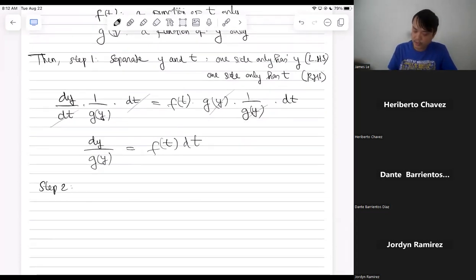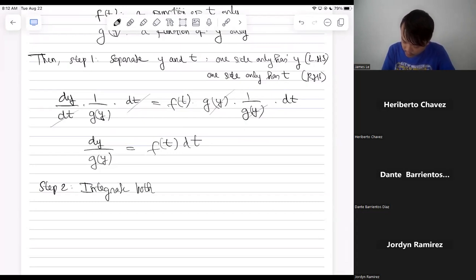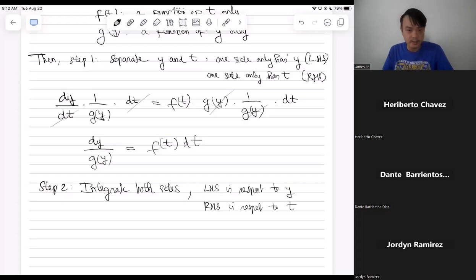Okay, so move to step 2. After you separate one side with only y and one side with only t, you can integrate both sides. The left hand side is integrated with respect to y, and the right hand side is integrated with respect to t.